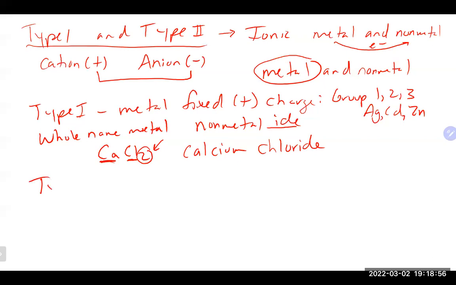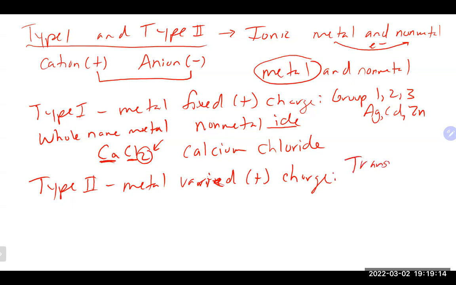Type 2 is basically the same deal, except that the metal can have multiple positive charges. And those are typically our transition metals, except for obviously the 3 that are up here. And in addition, things like tin and lead, in that area of the periodic table, even though they're technically not transition metals, below the staircase, they can have multiple types of charges.